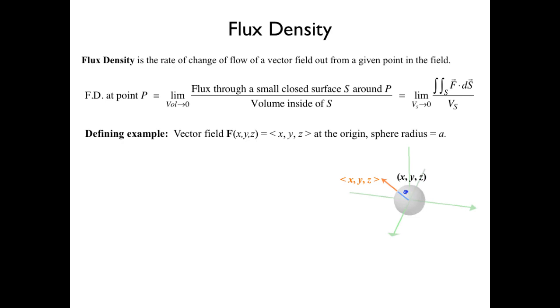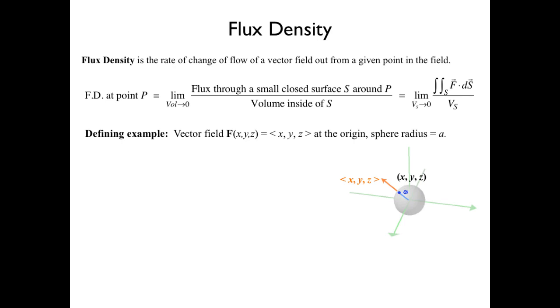At any point on that sphere, what is the vector? The vector is xyz. Do you see that the vector xyz at any point on the sphere would be exactly the same as the radius vector to get to that point? Because they're the same direction and same magnitude.